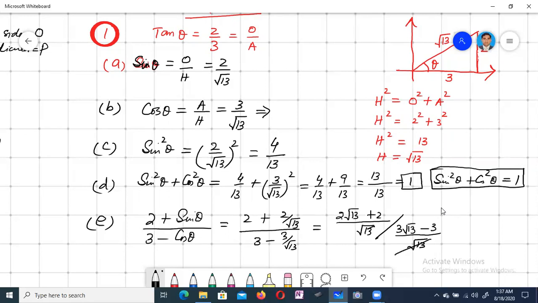Then this denominator cancels with this one. Answer here will be 2 plus 2 square root 13, or 2 you can take common. Here will be 1 plus square root 13 divided by, here 3 we can take common, square root 13 minus 1.